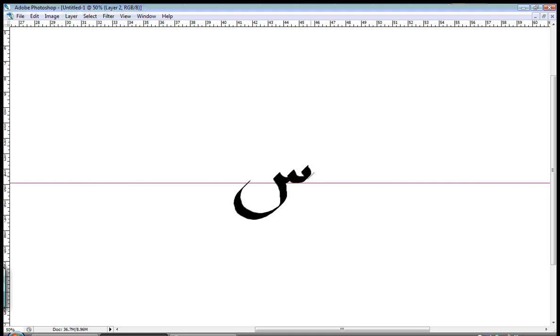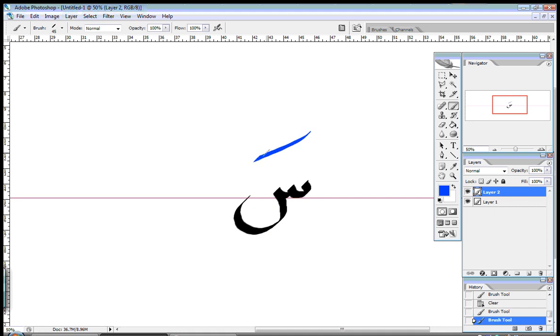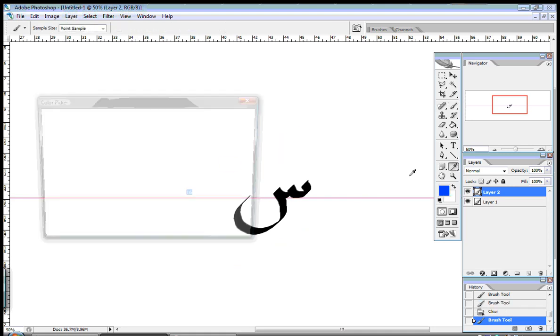So it's like that. It's Siin. The pronunciation is Sa. If I add alamat al-tashkil, it will be Sa, Su, Si. Again, Sa, Su, Si.